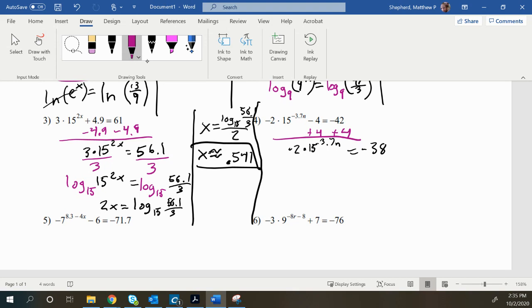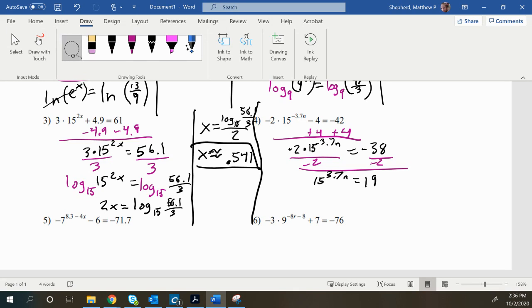Now let's get rid of that 2 that's in front. So divide by a negative 2. Going to have 15 to the power of 3.7n is equal to, negative divided by negative will be a positive, and we get 19.